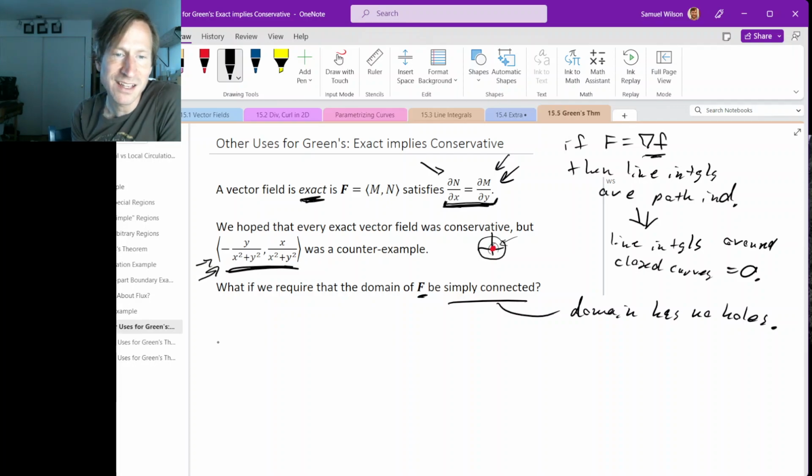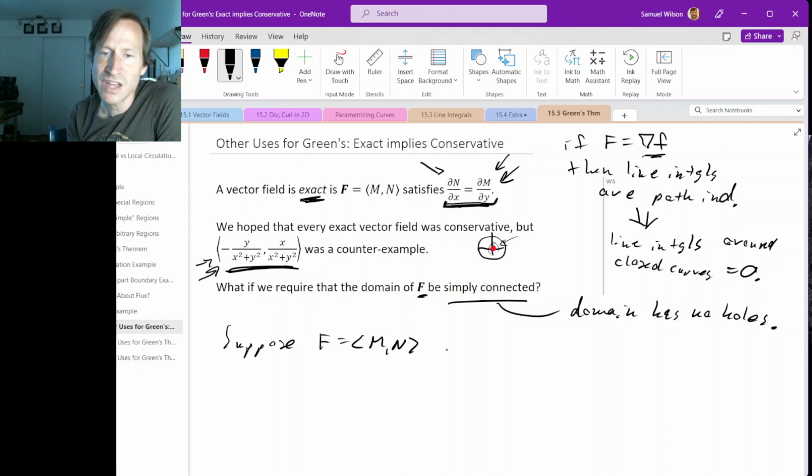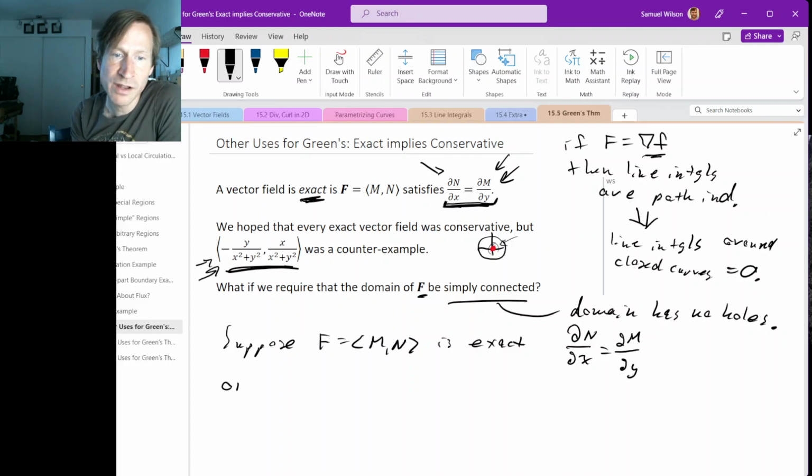So what I'm saying is, let's suppose that we have a vector field f, which we'll call m comma n. Suppose f is exact, which remember means that partial n partial x equals partial m partial y. So f is exact on a simply connected domain.